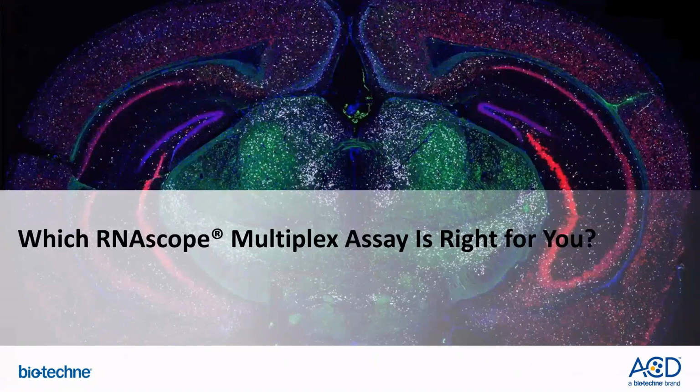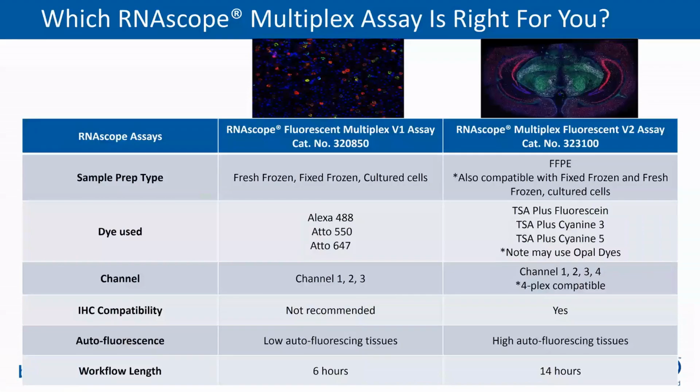We will now go to an important question, which is, which of the 2 RNAscope multiplex fluorescent assays is right for you? Shown on this slide is a compare and contrast table which compares version 1 and version 2 of the multiplex fluorescent assay.